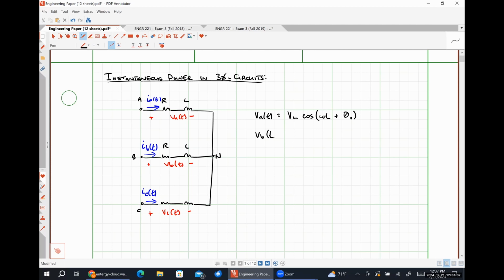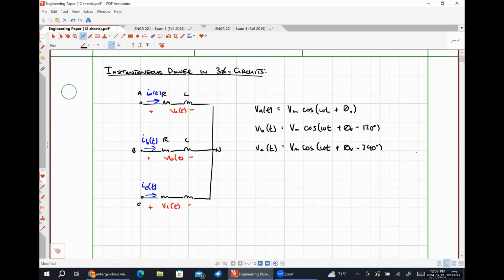Since this is a balanced load, then we know that VB will be of the form Vm cosine omega t plus theta v minus 120 degrees. And VC will be of the form Vm cosine omega t plus theta v minus 240 degrees.